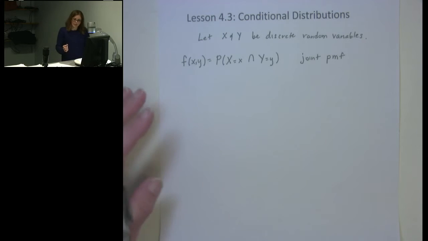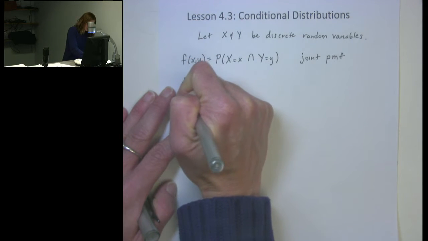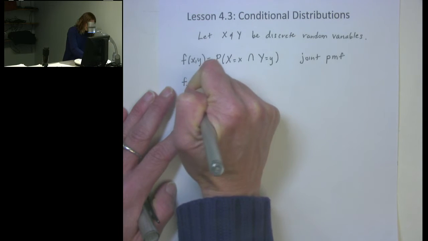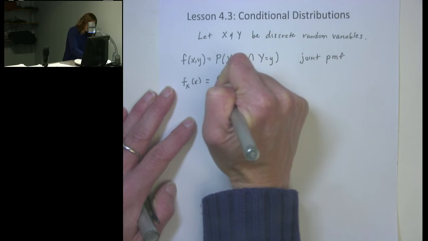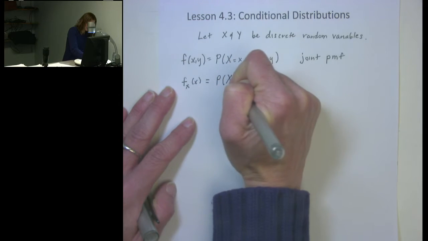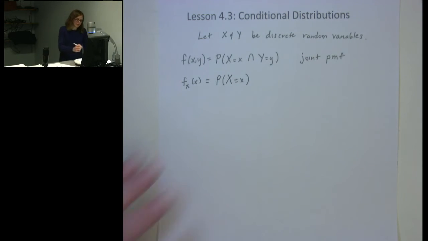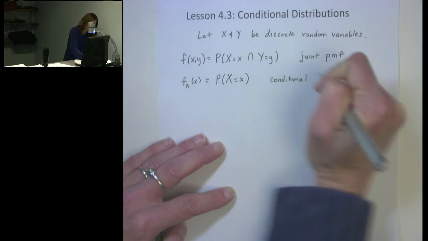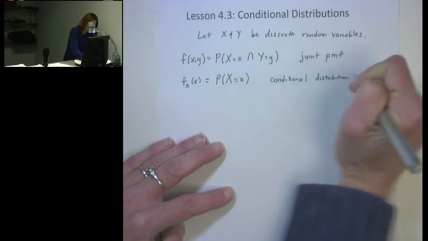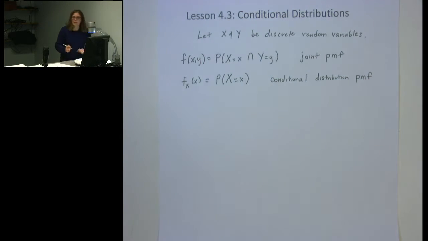Next, we looked at the marginal distribution, f sub x little x, which tells us the probability that our random variable x takes on a specific value little x.